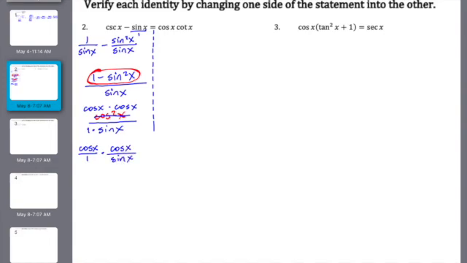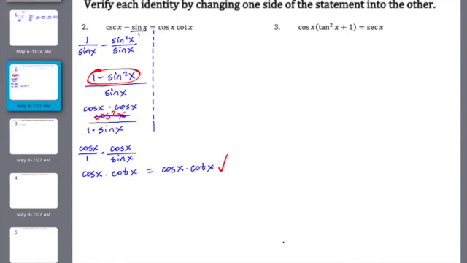Now you can probably see where we're going to end up. Cosine x over 1 is just cosine x, and then cosine x over sine x is cotangent x. So we ended up with the same thing on the right-hand side as we have on the left-hand side, and that is verified.